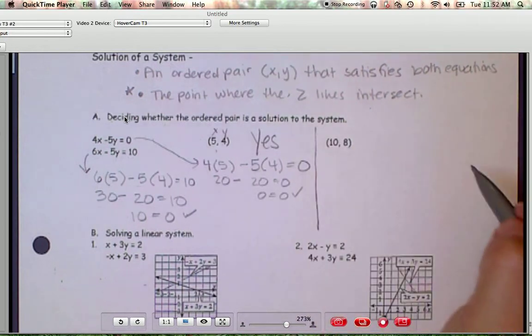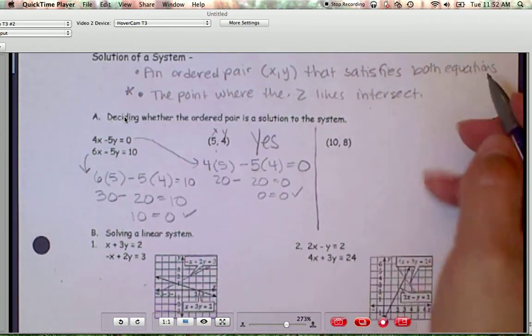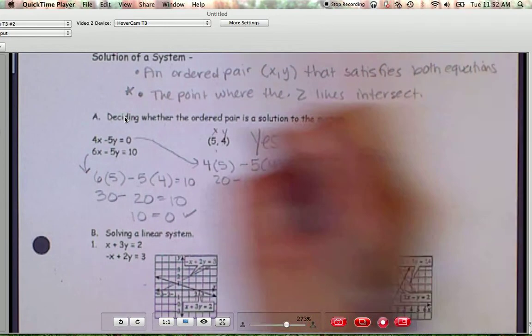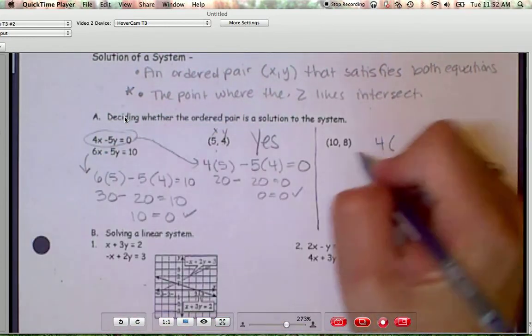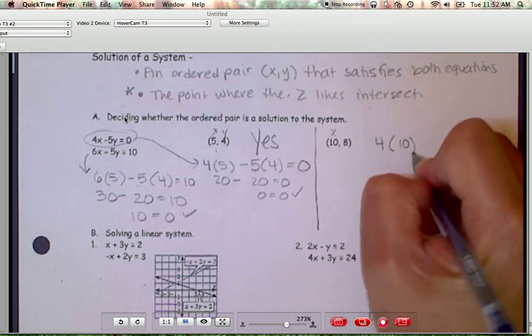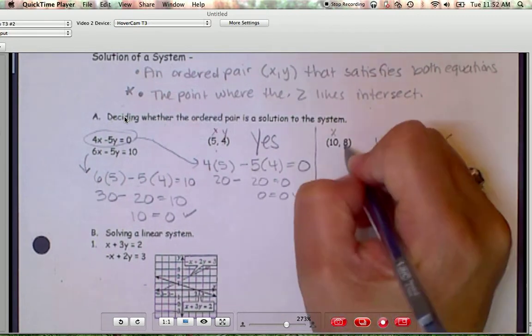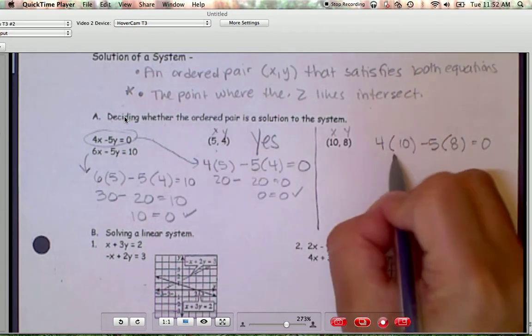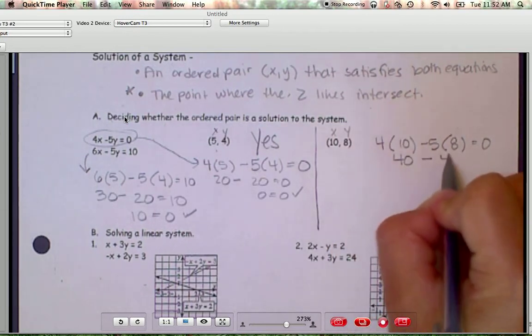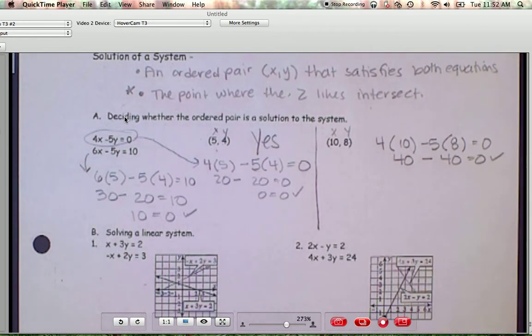Now we need to check this one. 10, 8. So again, doing the first equation, 4 times the x value, which is 10, minus 5 times the y value, which is 8, equals 0. So we get 40 minus 40 equals 0. That one works.